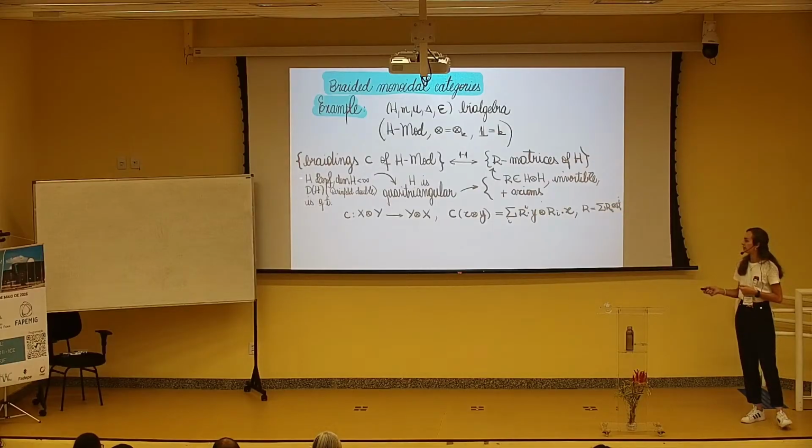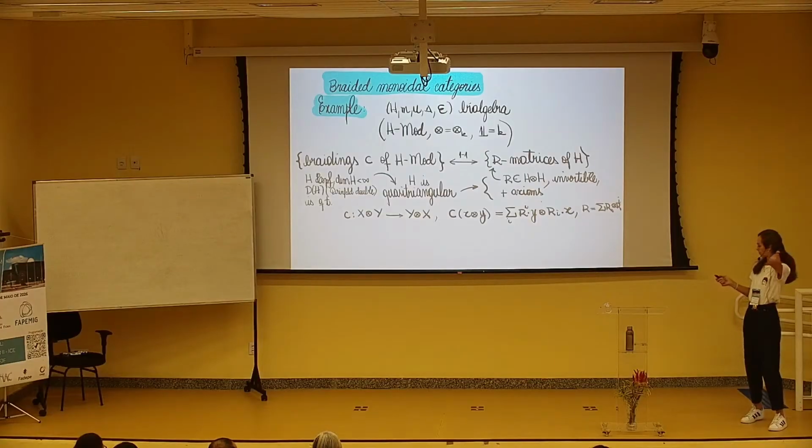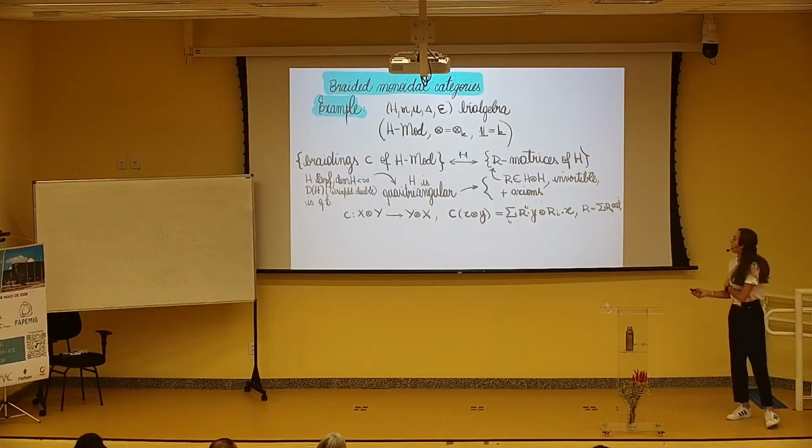And so these Drinfeld doubles are also the algebra that represents the center of this category, the center that Adriana was talking about yesterday. So these are important examples.